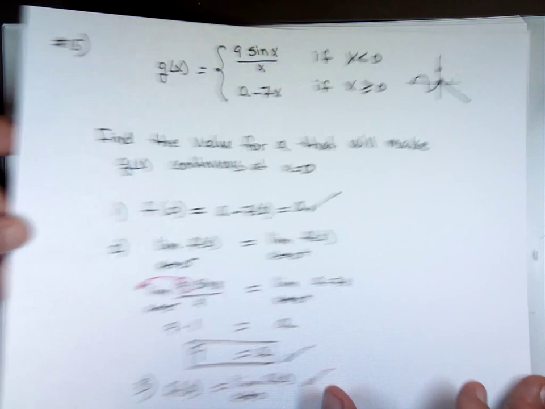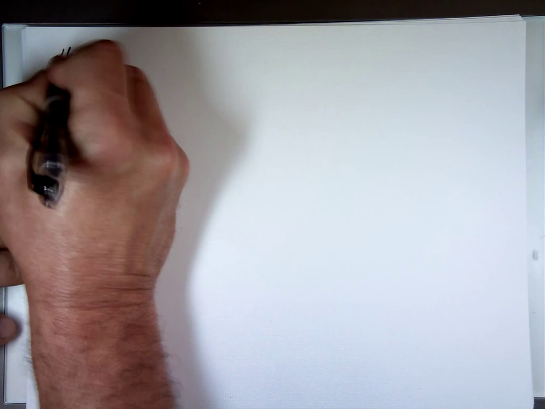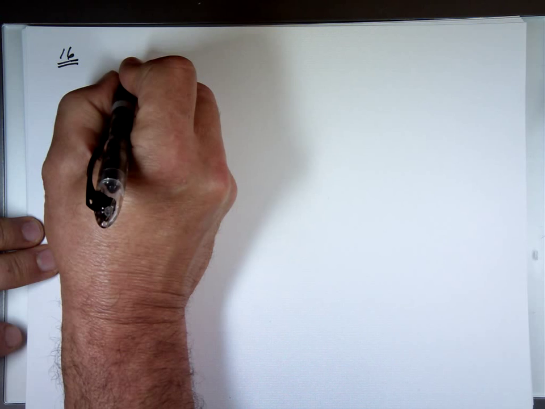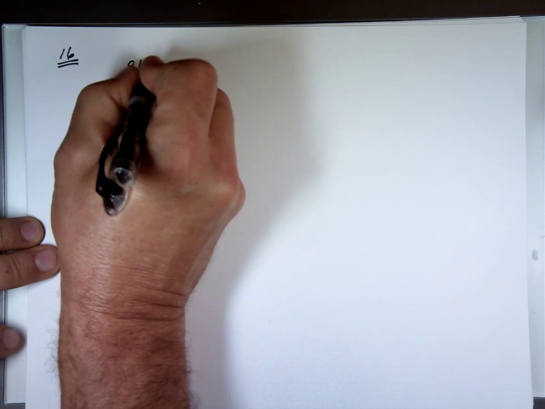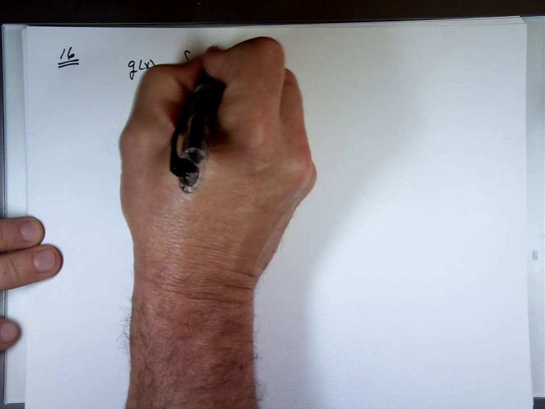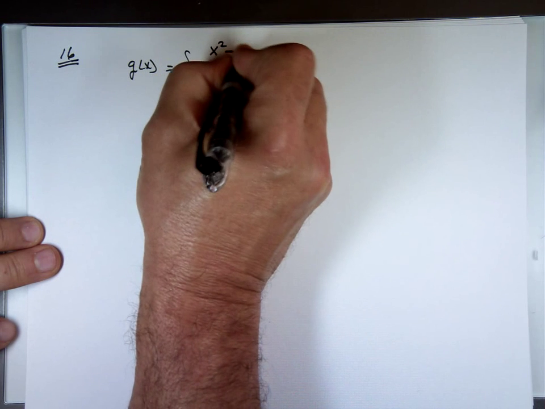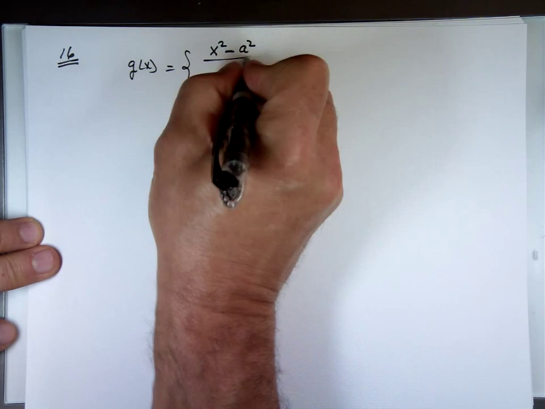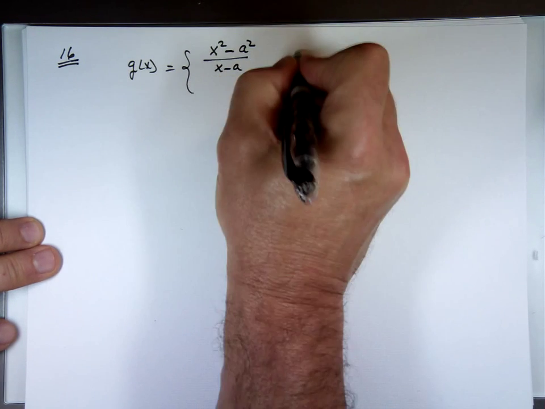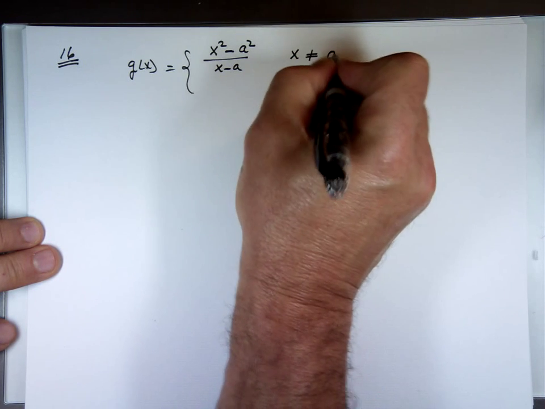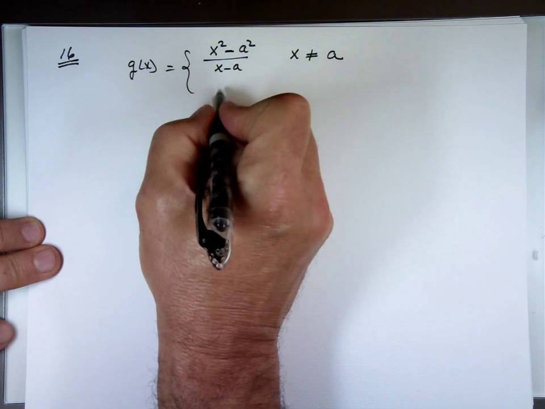Almost number 16, very similar to number 15. X squared minus a squared over x minus a, when x does not equal a. And you want 8 when x equals a.